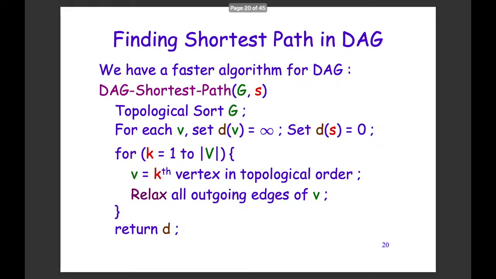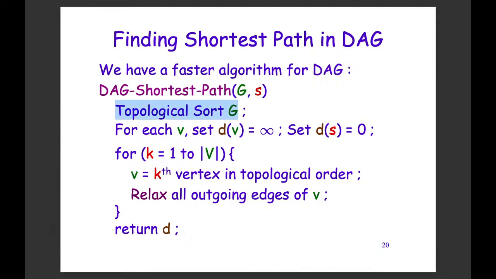So what we are going to do here is find a faster algorithm when the input graph is a DAG. Recall that if it is a DAG, then we can do a topological sort of the graph.